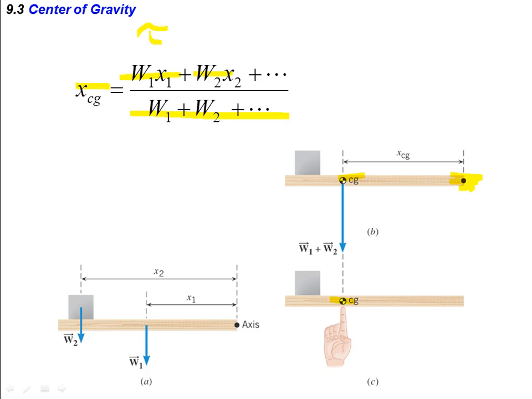And we have these dots here because this can continue on for however many forces we have, or however many chunks of mass we have in a situation. So in this diagram, we only have 2. So we would say the weight of the board times x1, plus the weight 2, the weight of the block here, times x2, divided by the sum of these two weights, and that'll give us our x position for the center of gravity.